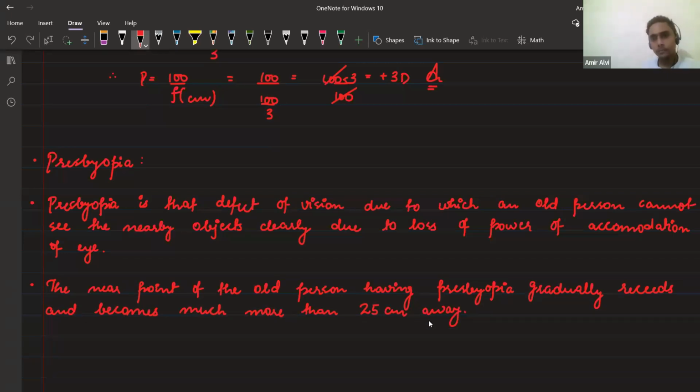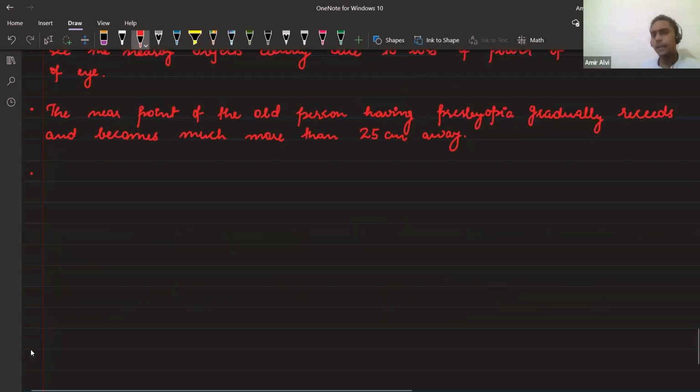Clear, everyone? Okay. So presbyopia is corrected in the same way that hypermetropia is corrected.